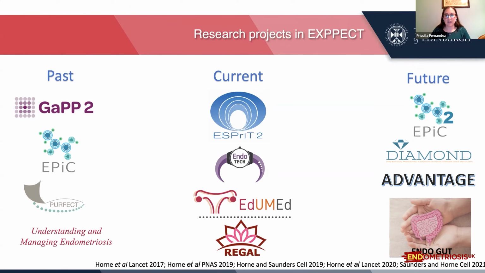Hopefully that should give us more robust evidence as to what we should be doing in these cases of superficial peritoneal endometriosis. We're also looking to take some blood samples to see if we can find a biomarker, like I was saying earlier, any evidence of endometriosis from the blood itself.